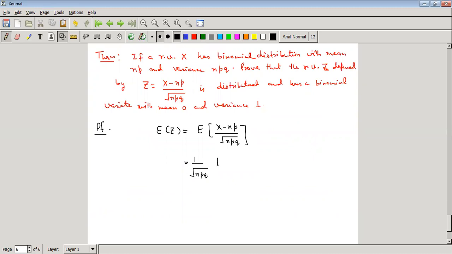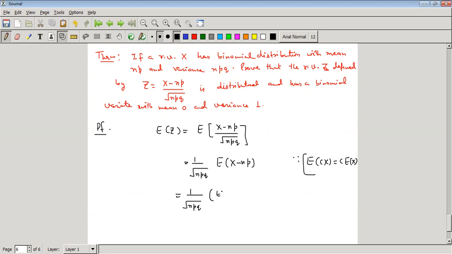So it becomes 1 upon under root npq times expectation of x minus np, because expectation of c into x is equal to c into expectation of x, where the constant c is 1 upon under root npq.